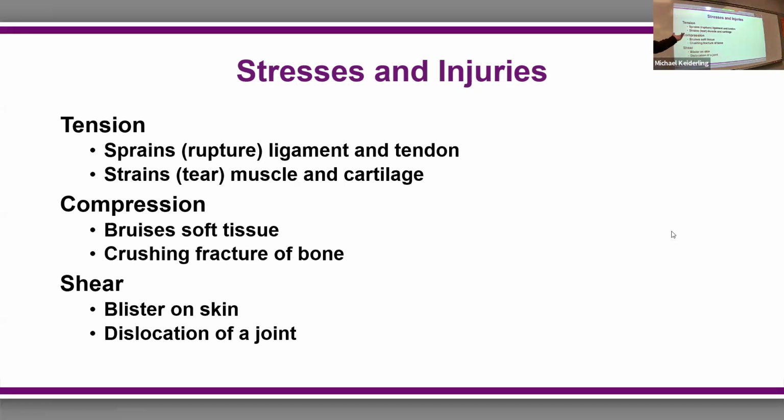Compression injuries: bruises of soft tissue, crushing fractures of bones. Shear injuries are things like a blister on your skin or a dislocation of a joint. Bone breaks tend to actually be more complicated forces than just one. But these are some example injuries of the associated stress.